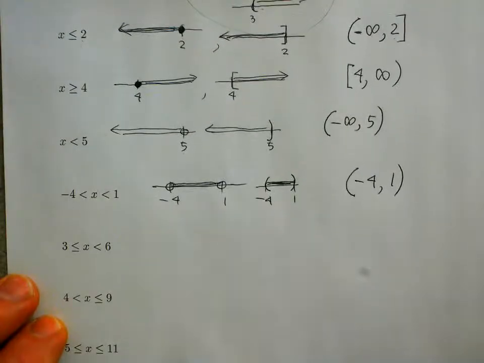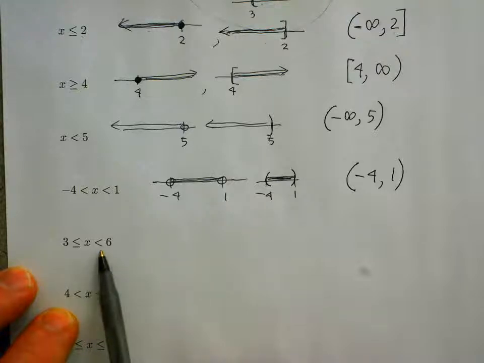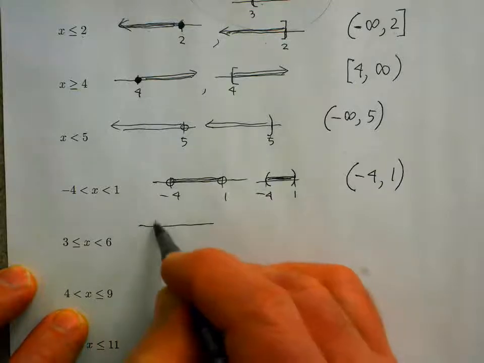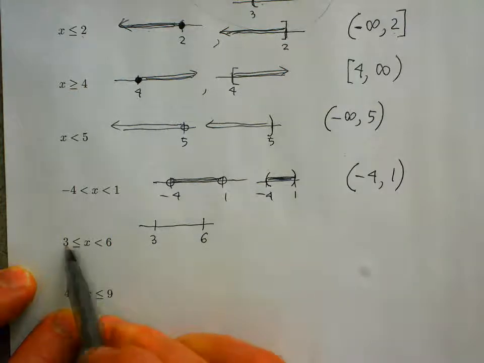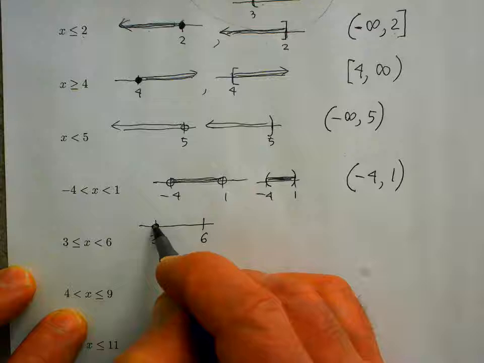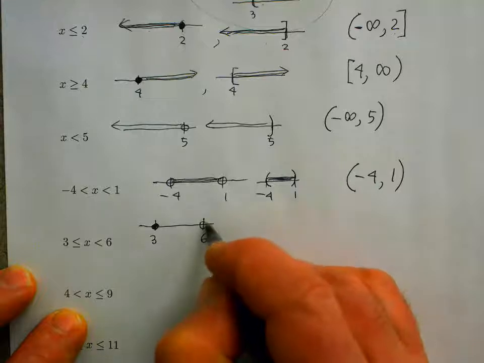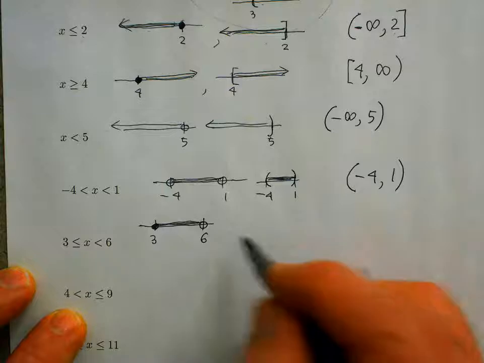Okay, the next one, 3 is less than or equal to x, and x is less than 6. So we plot the numbers 3 and 6. Since it's 3 less than or equal to x, we put a solid dot at 3. But since x is less than 6, we put an open circle at 6 and shade in between.